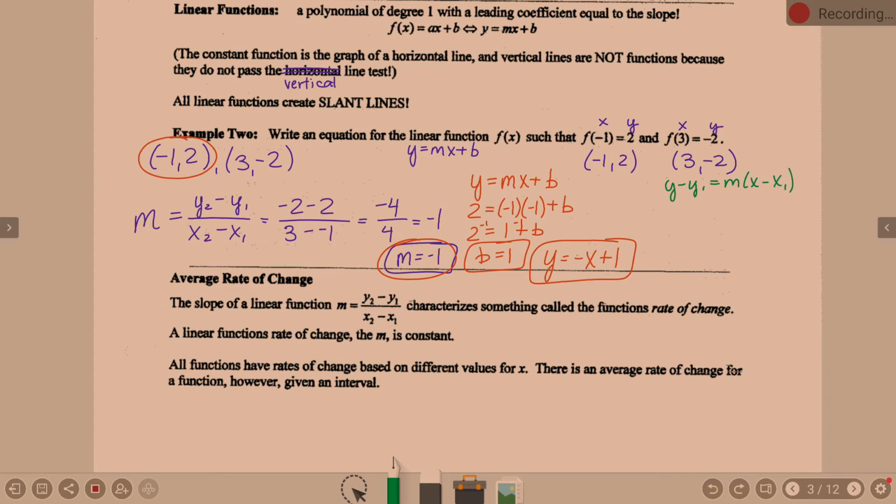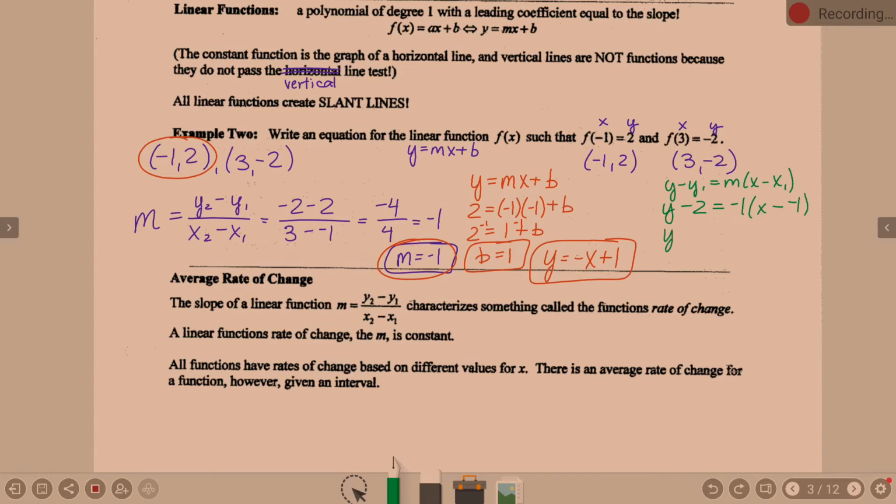You could do it the same way. You could do this problem using this form and get to the same answer, right? So we could have also instead said y minus 2 equals slope of -1 times x minus -1.